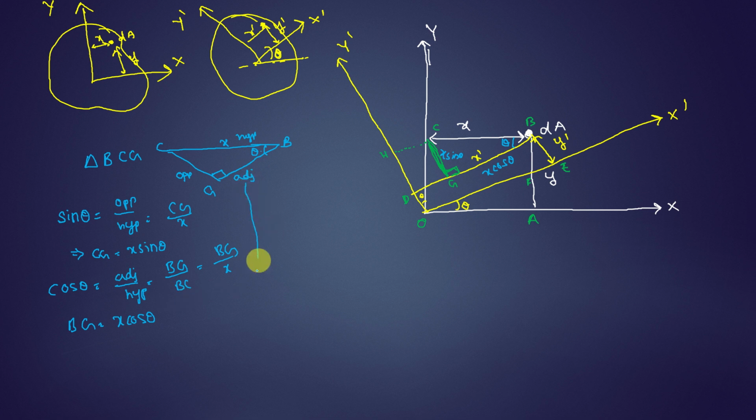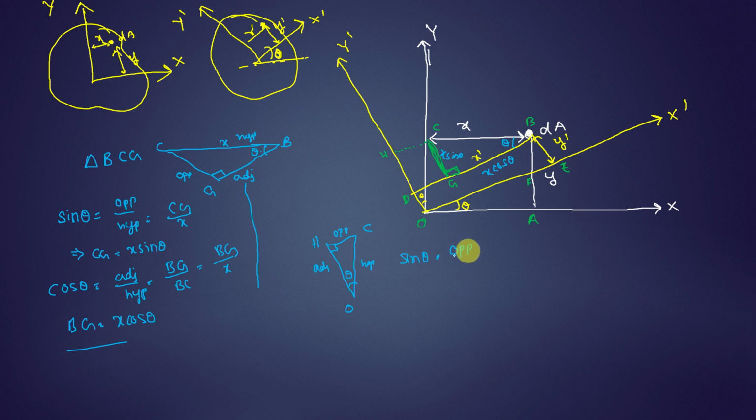Now let us take this triangle, OCH, and this is angle theta. Opposite to the angle is the opposite side, adjacent to the right angle is the adjacent side, and this is the hypotenuse. Okay. Now what is sine theta here?